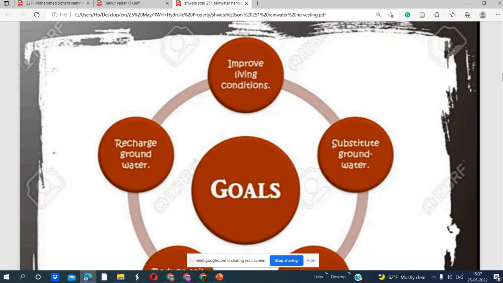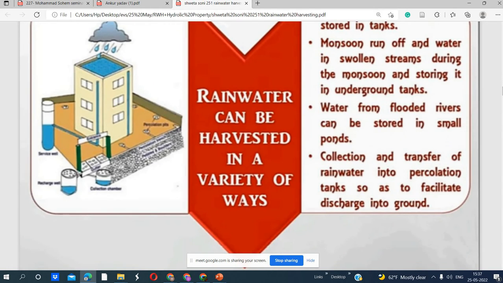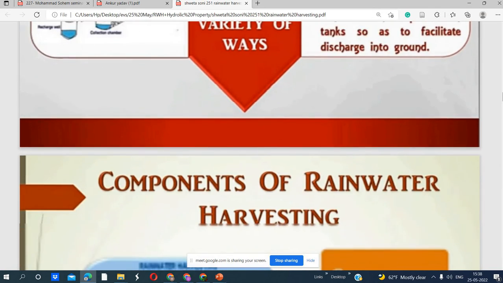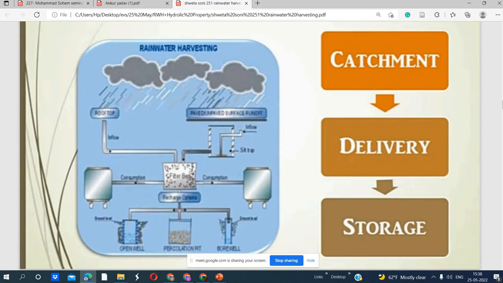Ma'am, please next slide. Rainwater can be harvested in a variety of ways, but the basic ways are direct collection from the rooftops, and from open areas like grounds, pipes and parks. The major components of rainwater harvesting are catchment, delivery and storage.